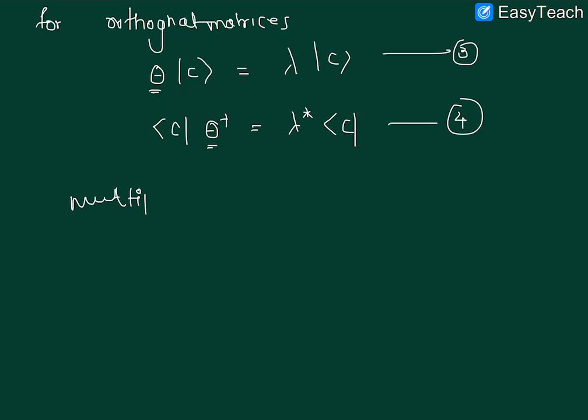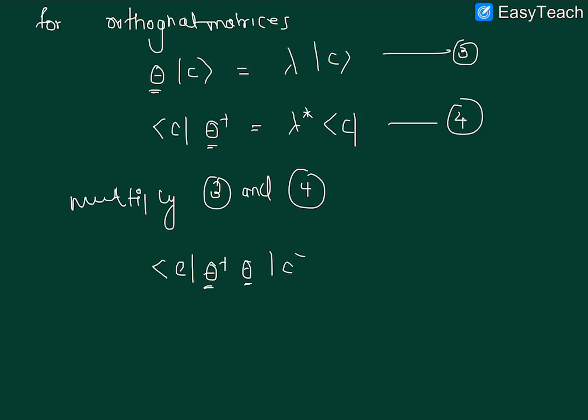Multiplying 3 and 4, that gives me C dagger O dagger O C equals lambda star lambda C inner product of C. Okay, one thing one must remember is that the Hermitian conjugate of any orthogonal matrix is nothing but the transpose of that orthogonal matrix.